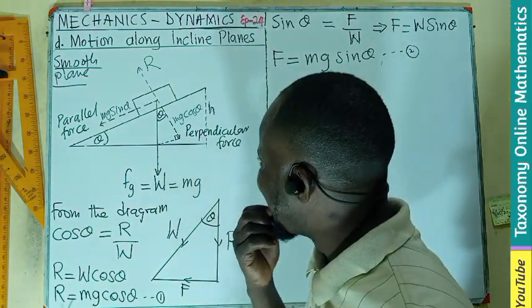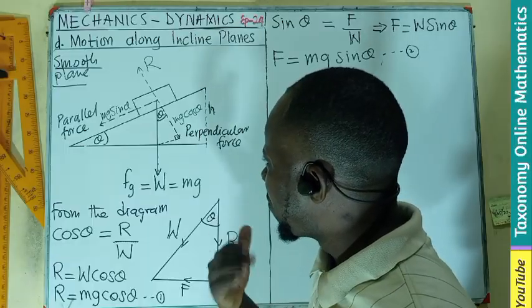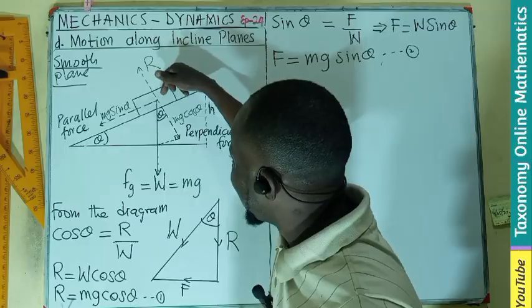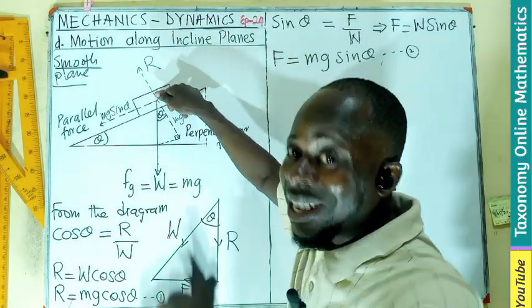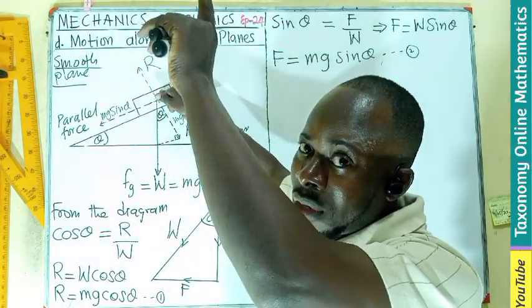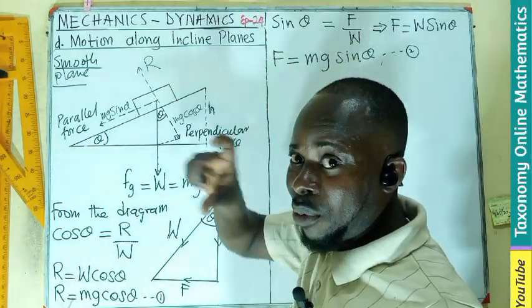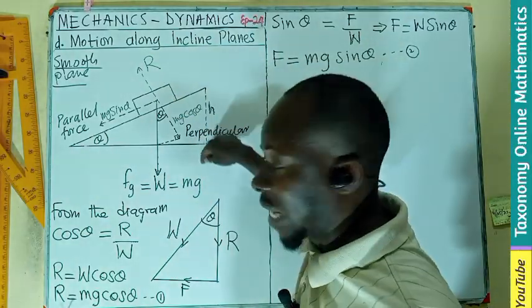So that means that if I want to resolve some forces, I can also say that this is the normal reaction. There will be a force acting against the body upward, which is the normal reaction, which is going to be bigger than the negligible force of gravity we are talking about.